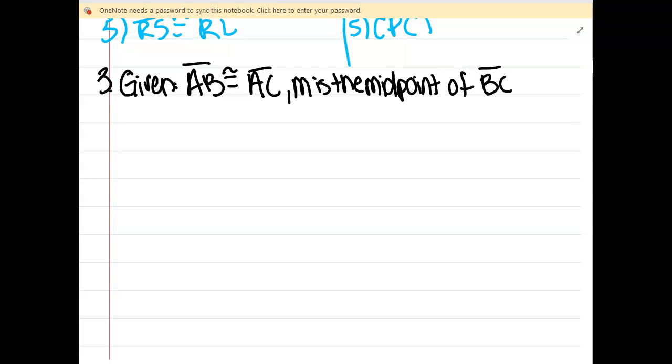AB is congruent to AC. M is the midpoint of BC. I'm going to prove angle AMB is congruent to angle AMC.